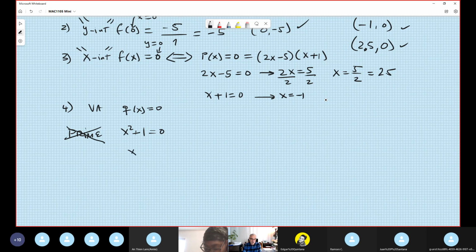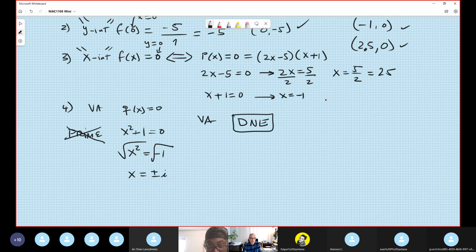Suppose that I didn't remember that part. Why don't you try your best to solve this equation? It's an incomplete quadratic equation: x equals plus or minus i. So you see that the value you are looking for is imaginary or complex, which means the vertical asymptote does not exist. This curve has no vertical asymptotes. Do you understand this idea?